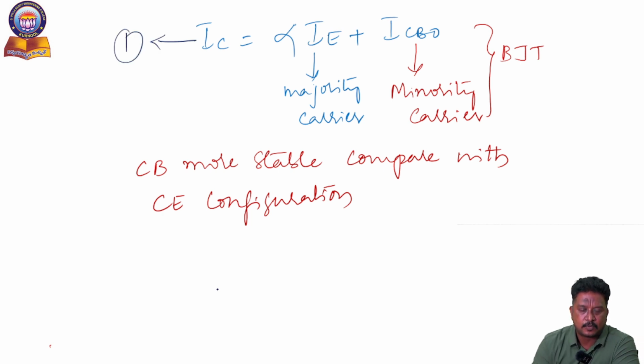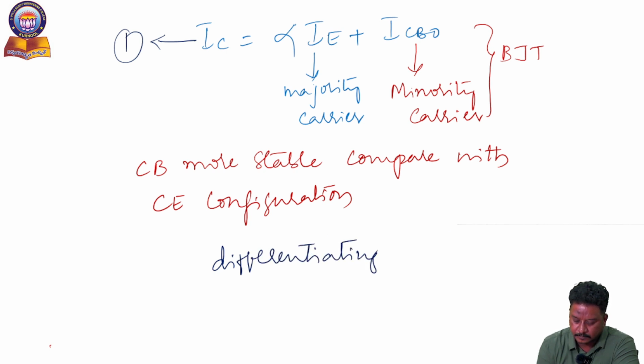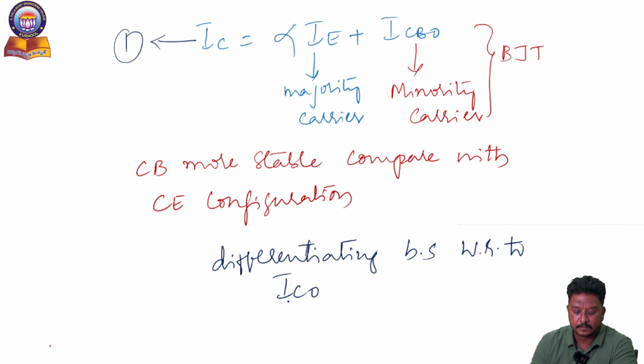Differentiating equation 1 with respect to ICO, the reverse saturation current, on both sides.